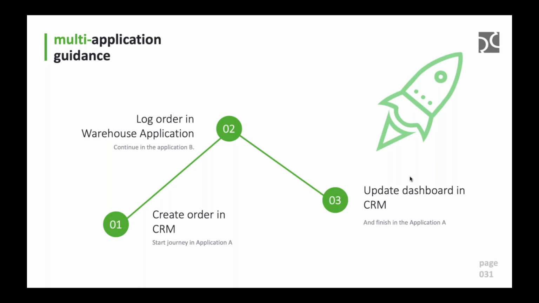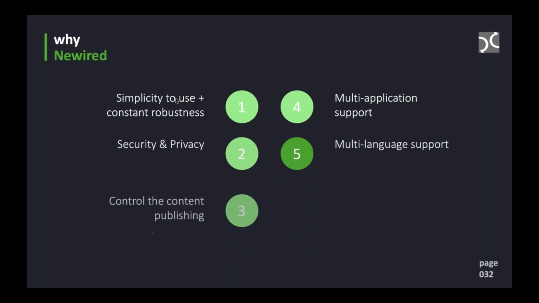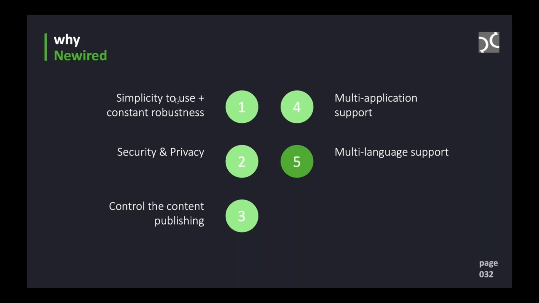So from business model to the functional features, we are fully ready to provide multi-application guidance or scenario guidance without being focused on whether this is application A or application B. Equally important as multi-application support is multi-language support.